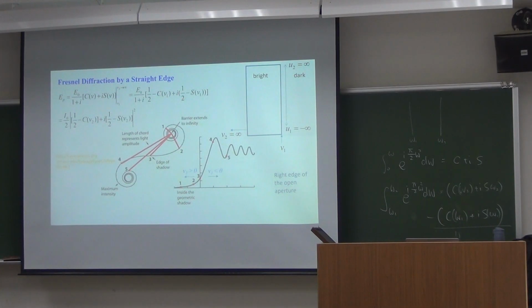Okay, this is without any diffraction. Then I start to cut it. When I start to cut it, you start to have some diffraction, and then you see some dark and bright structures. A little bit not obvious, but you see some dark and bright structure.